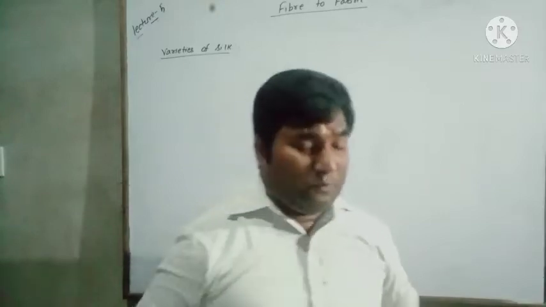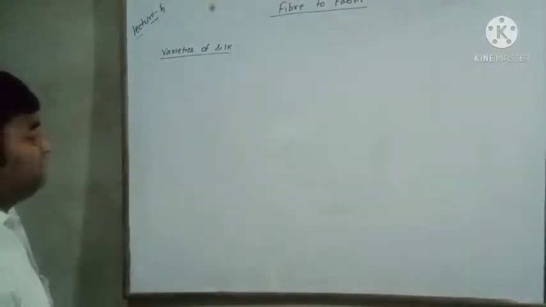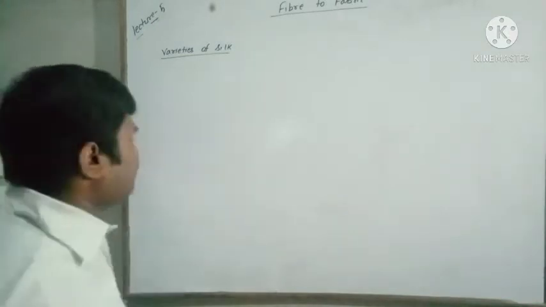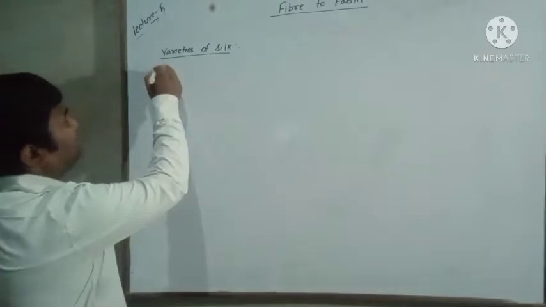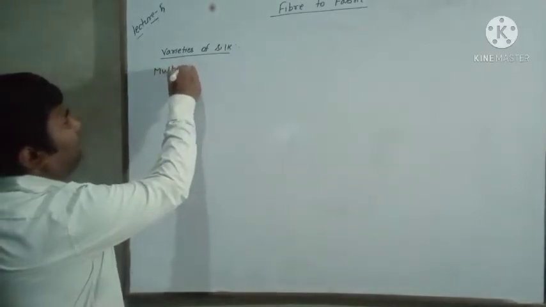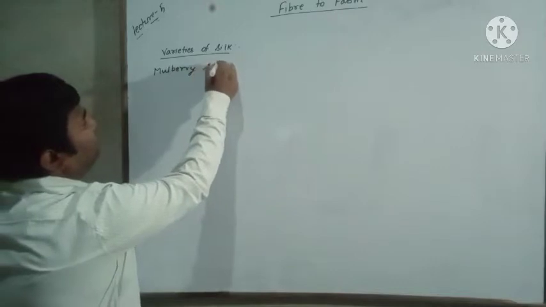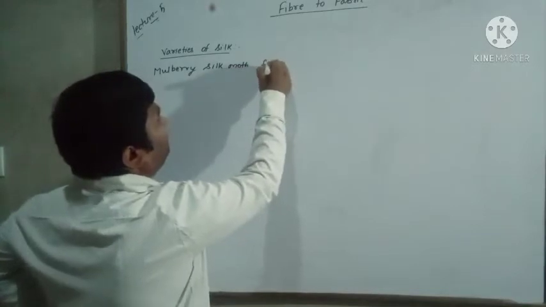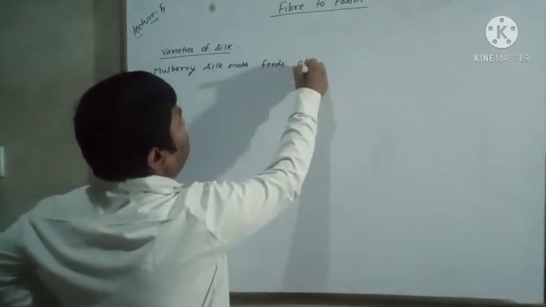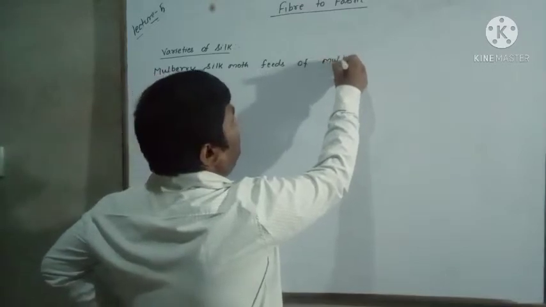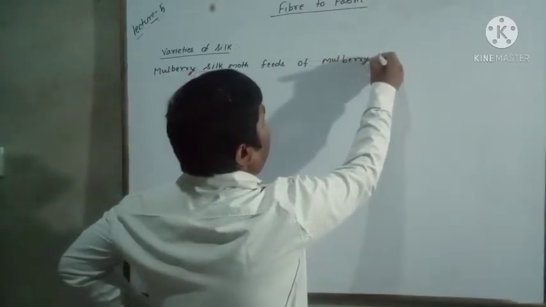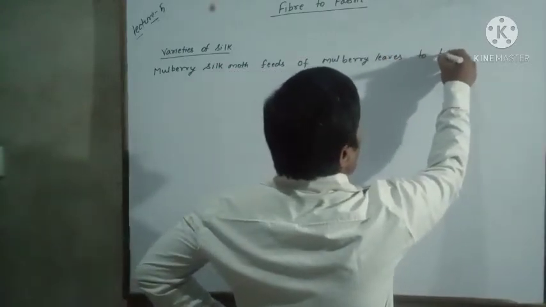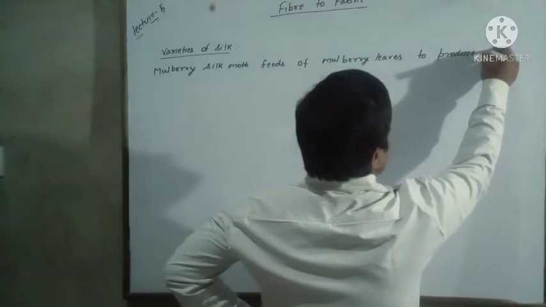Okay, so we are going to see varieties of silk on the basis of the leaf on which the silkworm feeds. So first is the mulberry silk moth. It feeds on mulberry leaves to produce silk.